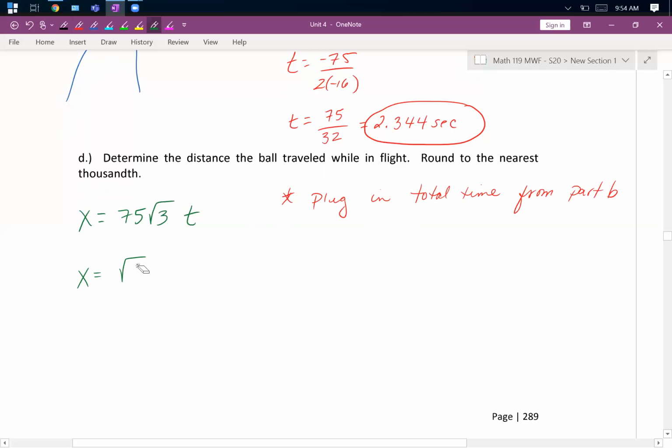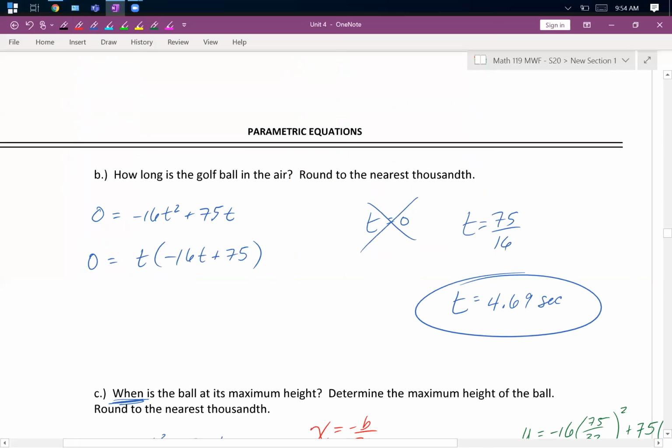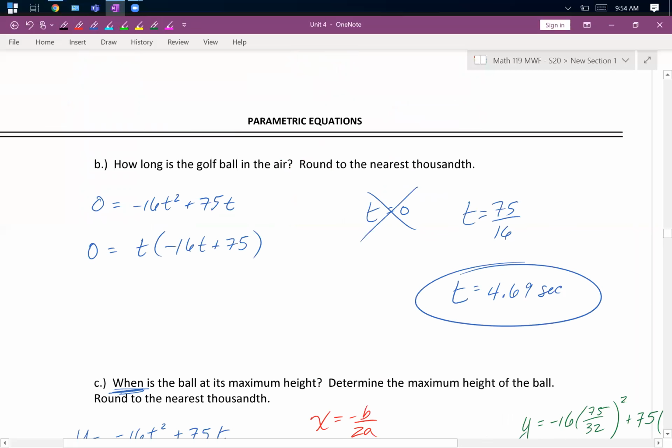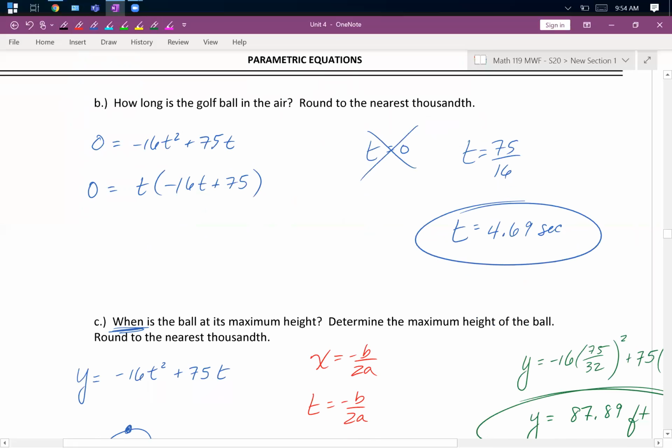That's 75 square root of 3 times 4 point. Oh, geez, I didn't go to the nearest thousandth. What is it, 4.69 something? 4.688. Thanks.